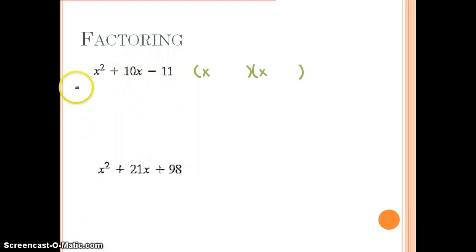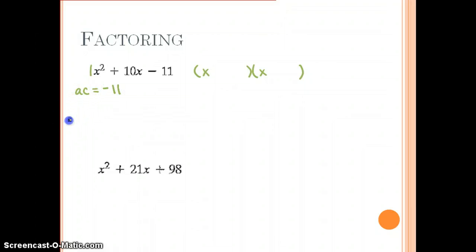And so what we said was, if you looked at the negative 11, this was what we called the c value, and really there's a 1 here. And so what we said is you should look at what a times c equals. So 1 times negative 11 is still negative 11.